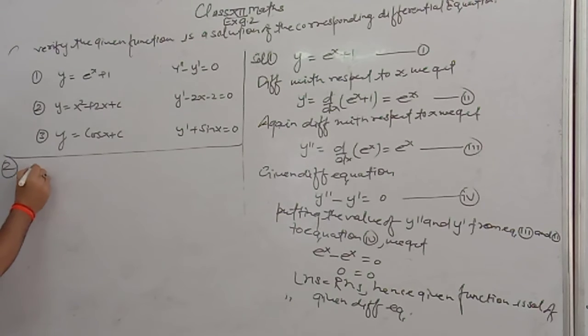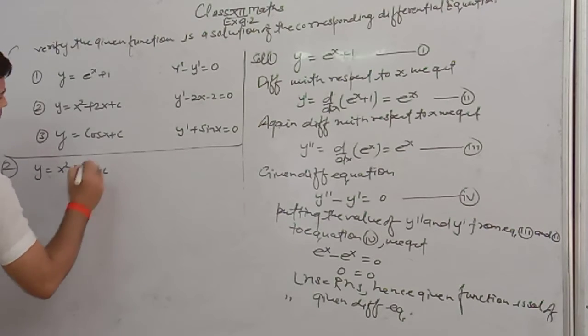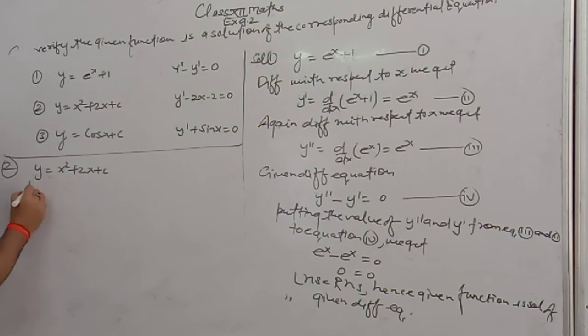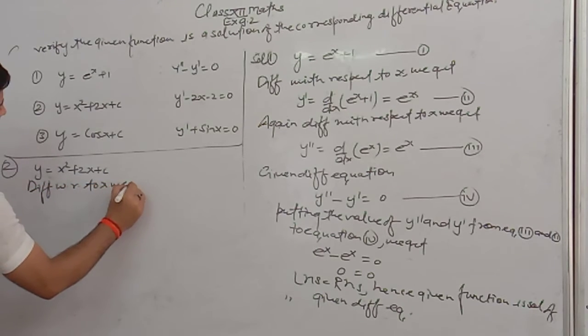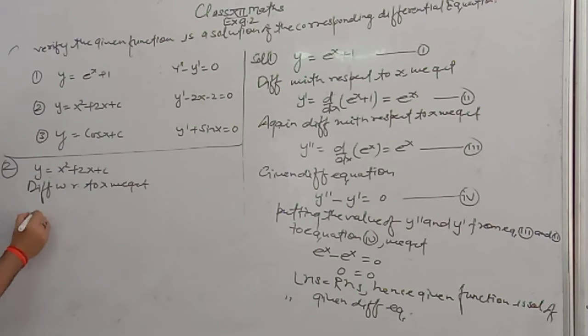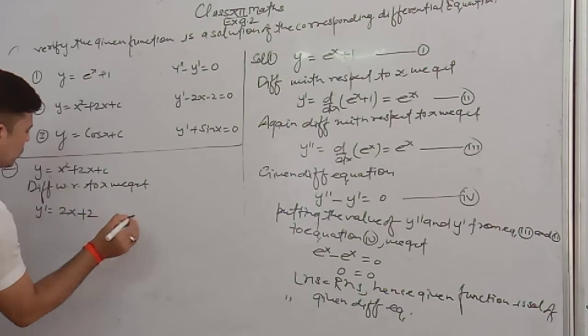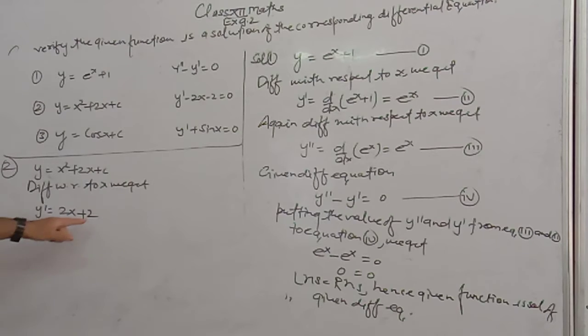It is y is equal to x square plus 2x plus c. Firstly, differentiating with respect to x, we get y dash is equal to dy dx of x square, which is 2x, and dy dx of 2x, which is 2, so y dash is equal to 2x plus 2.